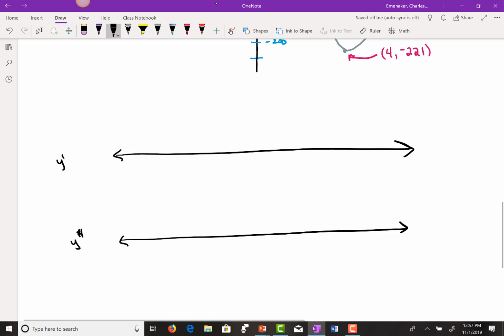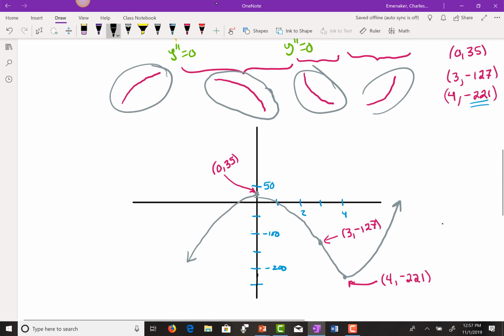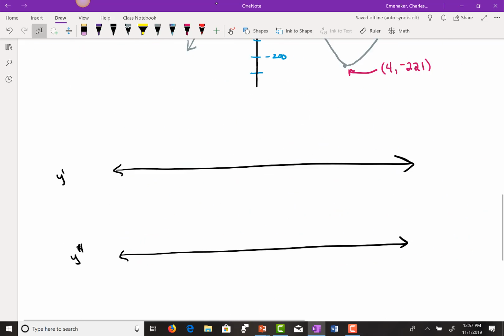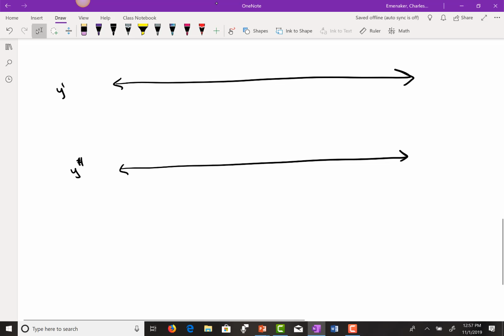Okay? It's going to have information like this one does, but I'm just going to give you this information and then ask you to create a graph using the information on those lines.